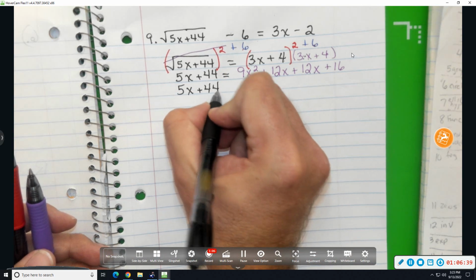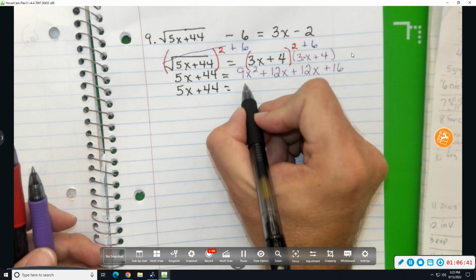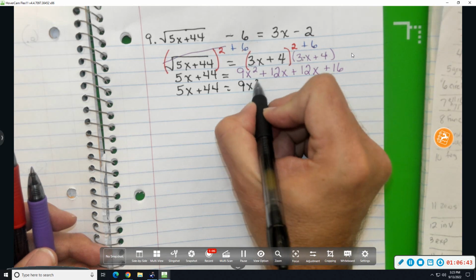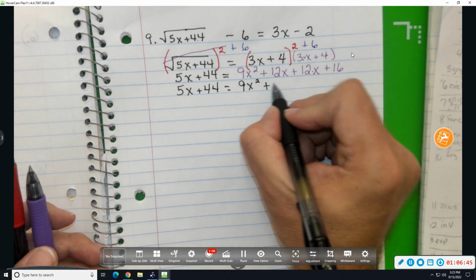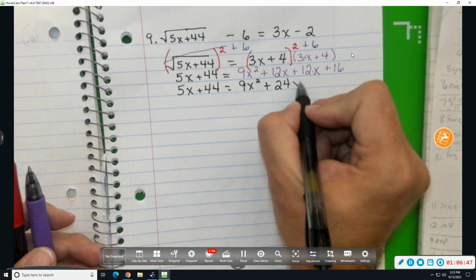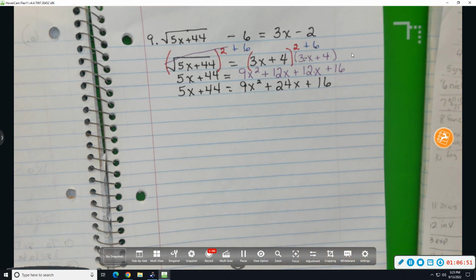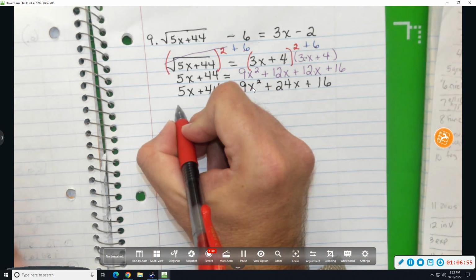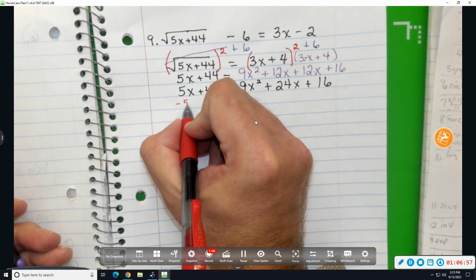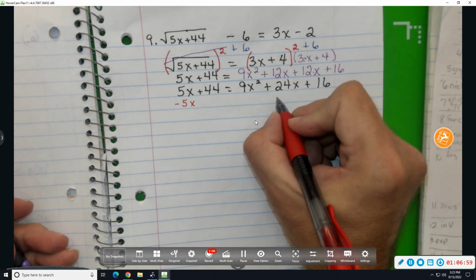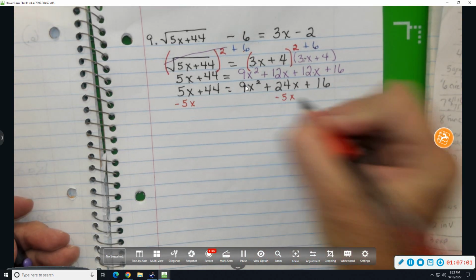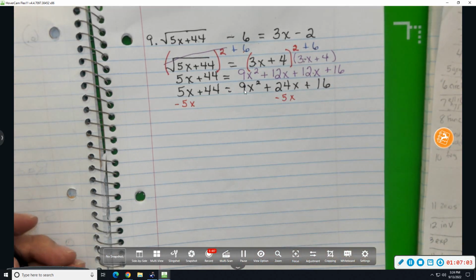I'm going to go ahead and add that 12x plus 12x and write it as 24x. Which side do you think I'd get the 0 on? It's quadratic, so it has to be set equal to 0, whether you're factoring or using the quadratic formula, and you want that leading coefficient, the number in front of x squared, to be positive.